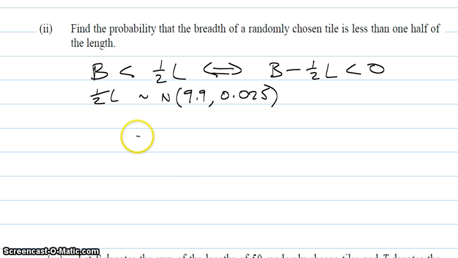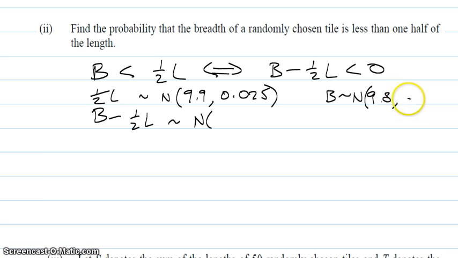Well, what about B minus a half L then? So when this happens, well, we're going to add together the means. Sorry, not add. What am I talking about? We subtract. So remember B is normally distributed with 9.8 and 0.1 squared.